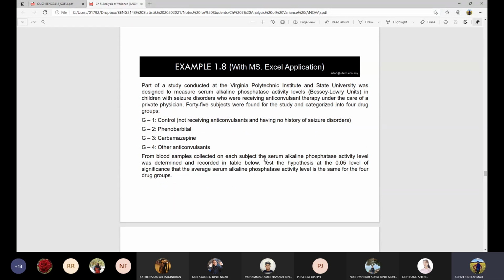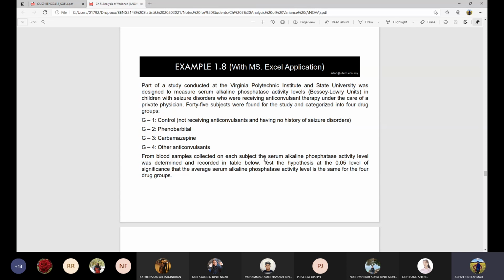Ada perbezaan mean atau tidak, because in analysis of variance we are dealing with a number of treatments, more than 2 treatments or more than 2 factors or more than 2 brands. So that is why kita buat analysis of variance, in order to see the equality of mean.